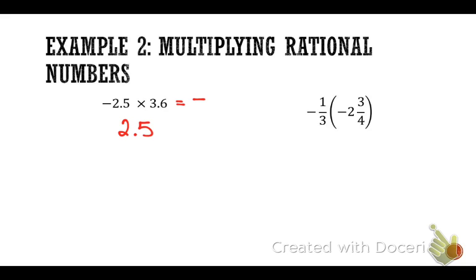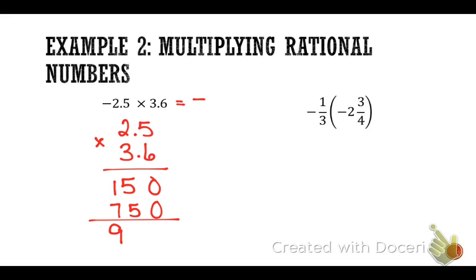Remember, with multiplying decimals, we line up the digits. 5 times 6 is 30. 2 times 6 is 12, plus 3 is 15. 0 placeholder. 15. All right, now I'm ready to add, and I get 900 as my answer, right?